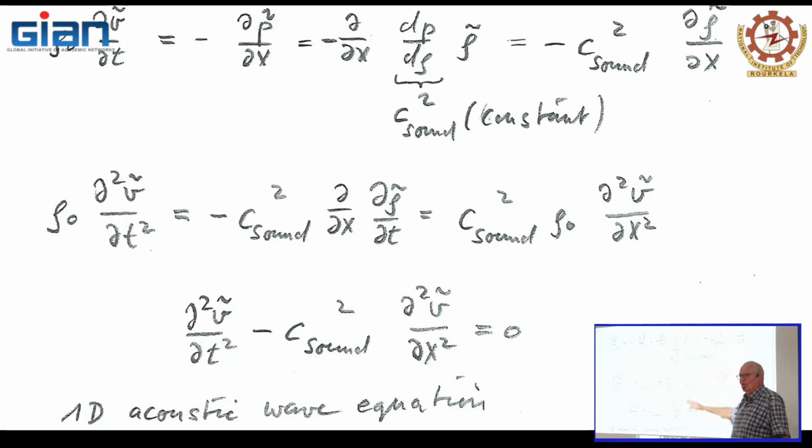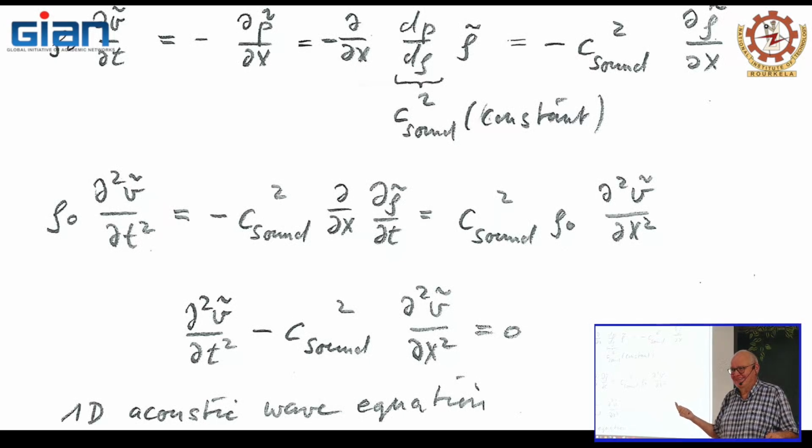Well, in the star we have considered mass conservation, momentum conservation, and energy conservation and energy transport. This has been disregarded here, and therefore we arrive at the second order system.